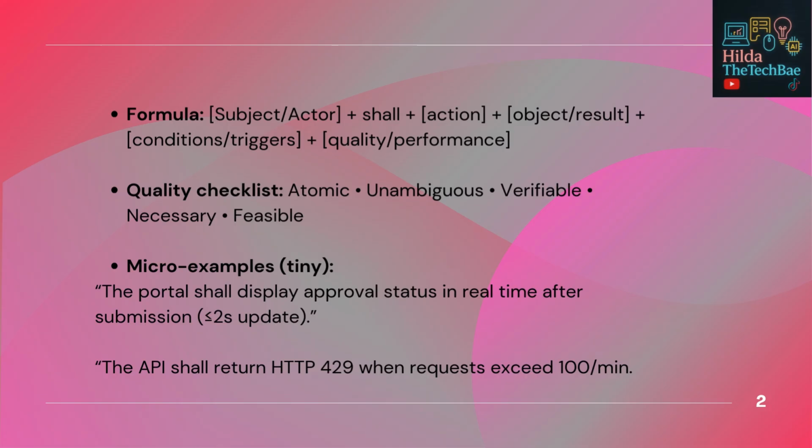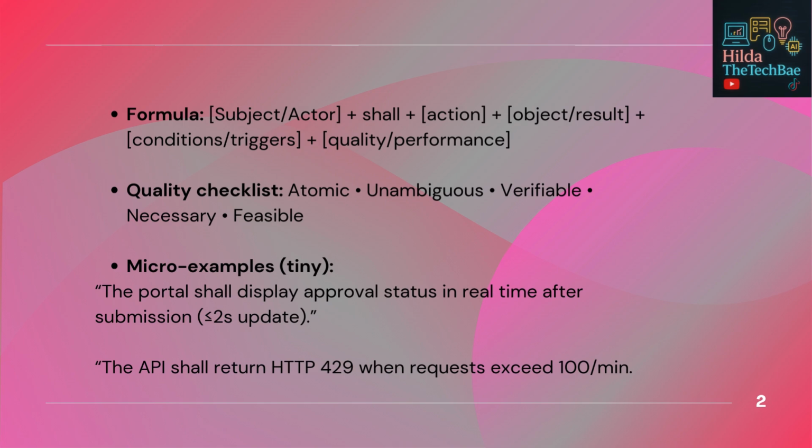Then run the checklist, which is atomic, unambiguous, verifiable, necessary, and feasible. So for example, here in our screen, the portal shall display approval status in real time after submission less than 2 seconds.